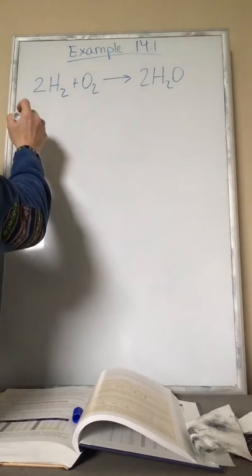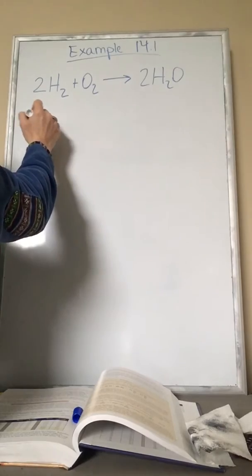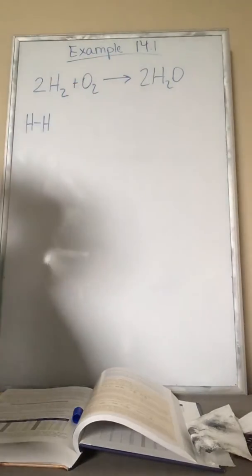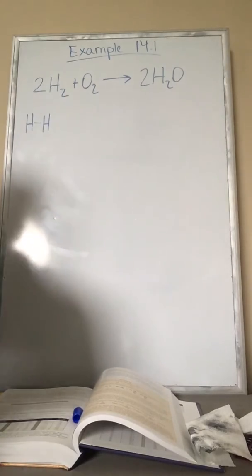So when we draw this out, we have our HH bonds. Oh, and before I go on, this equation is already balanced, so you don't have to work on balancing equations. They will be balanced for you. You just have to be able to write the Lewis structures for these molecules.